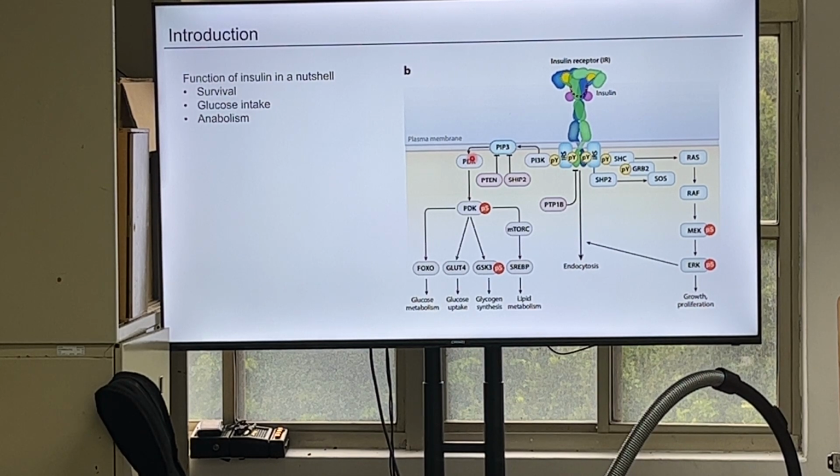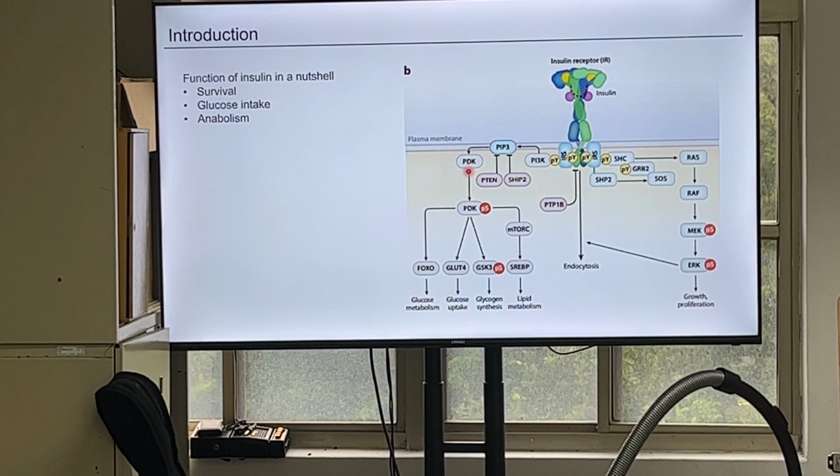They are kind of PDK kinases, a family of kinases called phosphoinositide-dependent kinase. Let's call this AKT because it's more common.